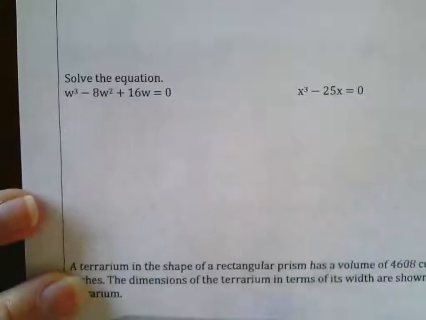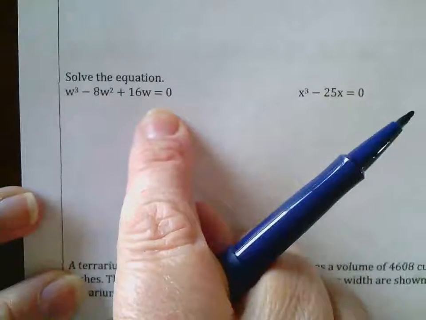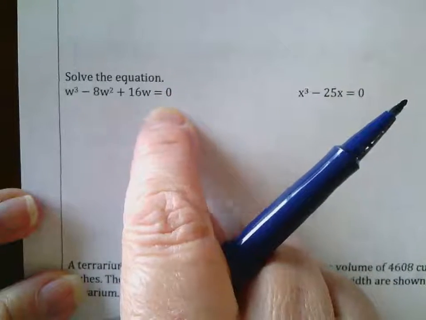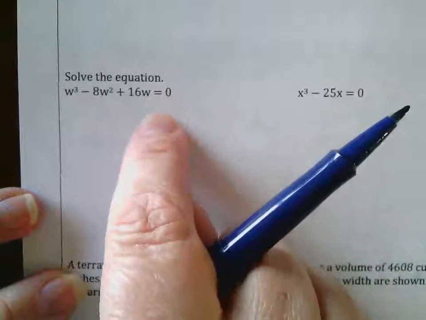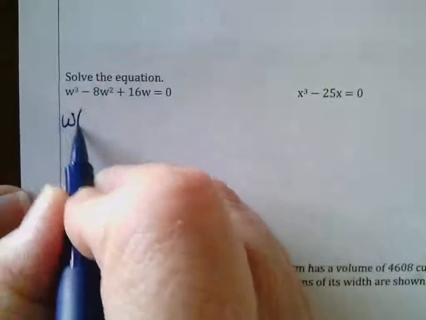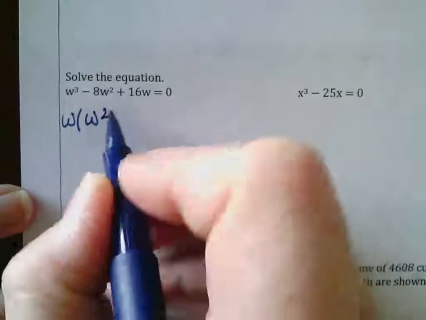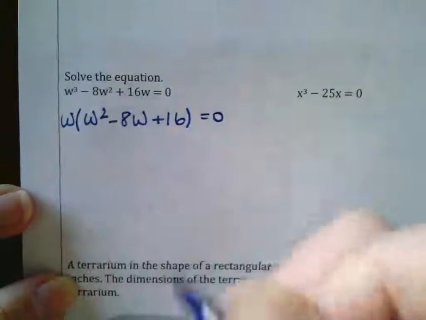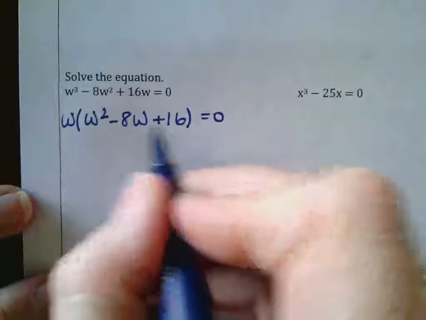All right. When you're solving the equation, it needs to be equal to 0 to do that. And the other thing you need to know is to factor it out completely because it makes it easier. So notice they all have a w in common. I'm going to pull that w out so I can get w squared minus 8w plus 16 equal to 0. See if you can factor this.